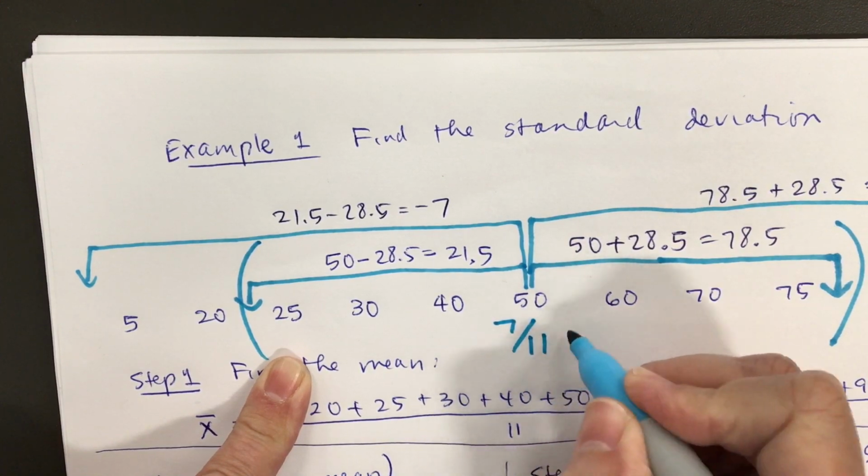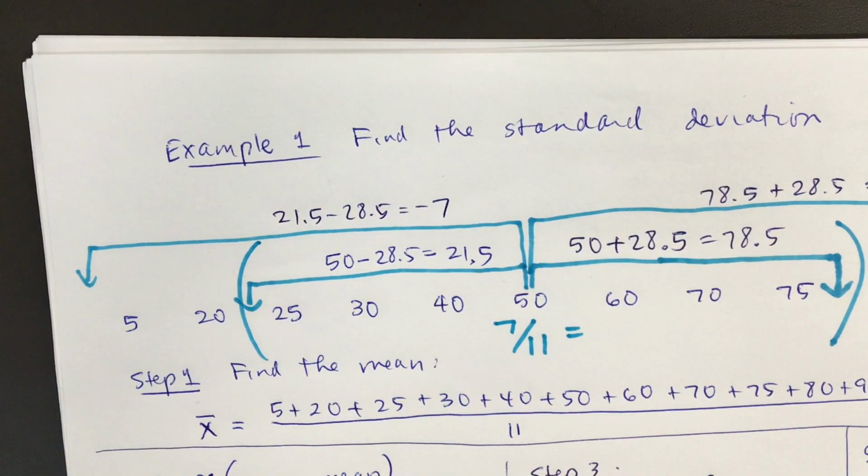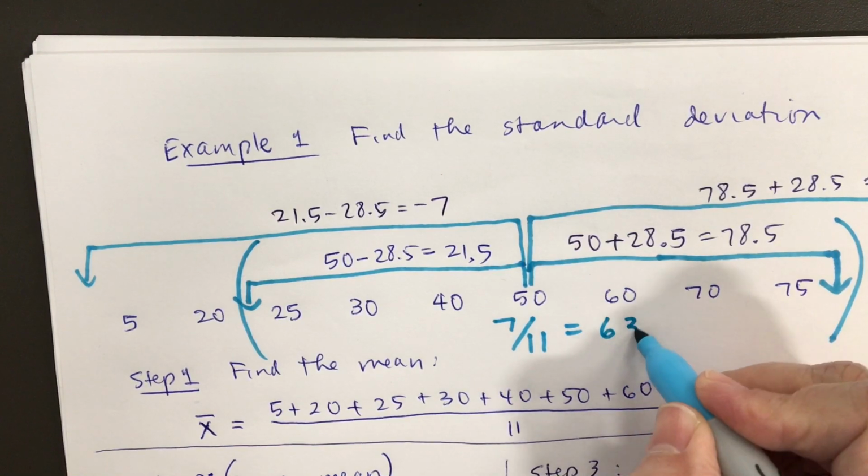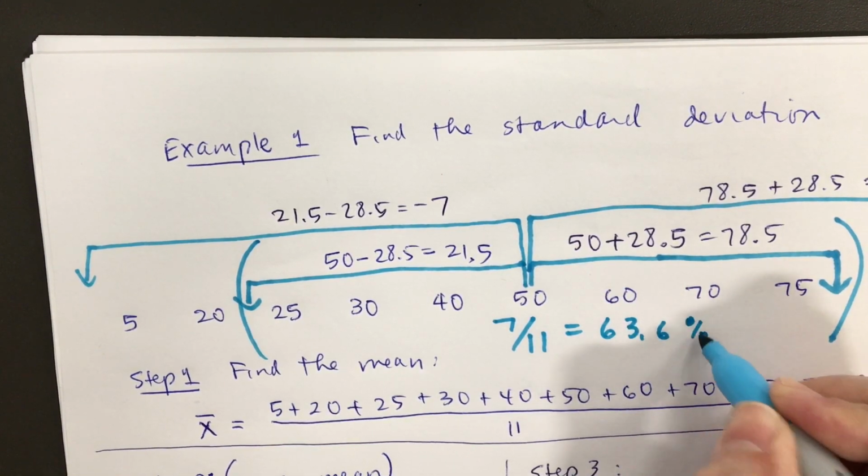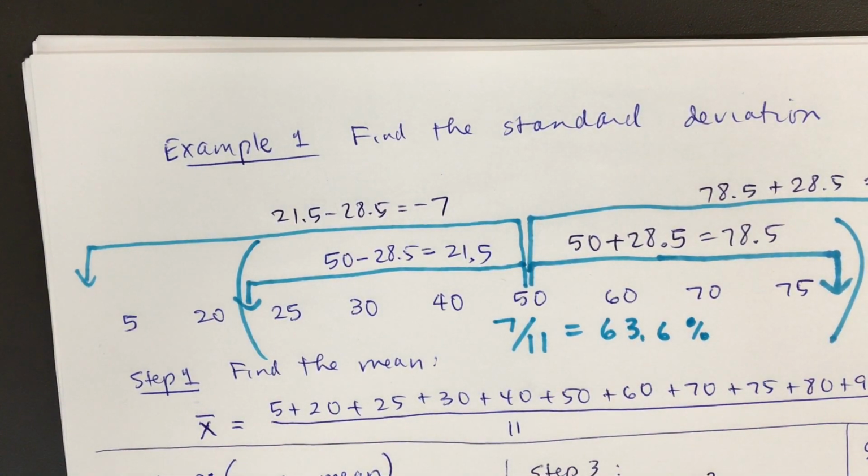There were 11 scores. 7 divided by 11 is about 63.6%. Now for a really, really large data set, that's about what it is.